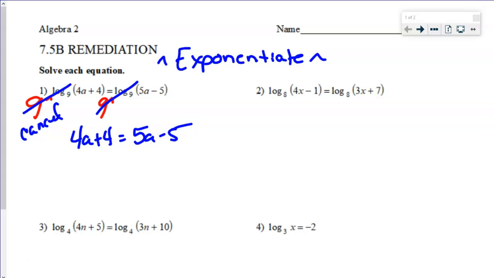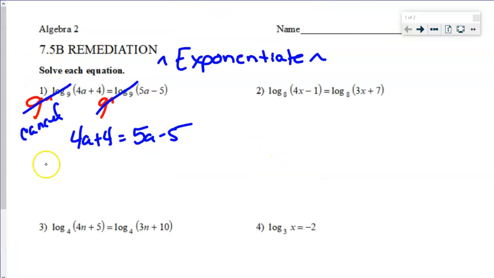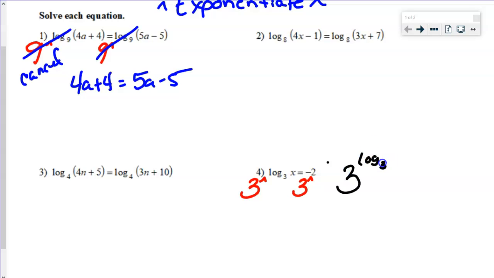Those first 3 are really easy, but I don't want you to think that's going to happen on every logarithmic equation. For instance, number 4 here, you do have a logarithmic equation, and we are going to exponentiate with the base of 3, but you have to do it to both sides of the equation. The reason this one's different is because over on the left side, yes, you have 3 to the log base 3 of x.